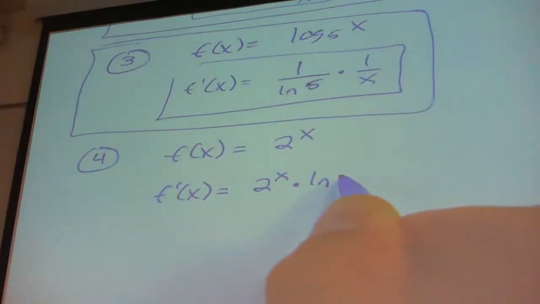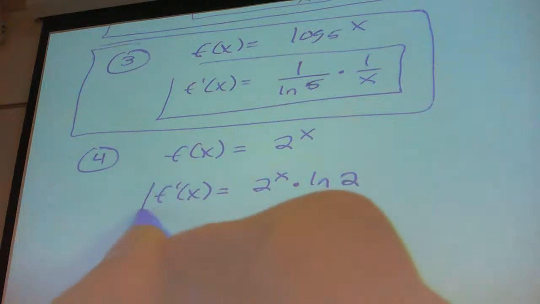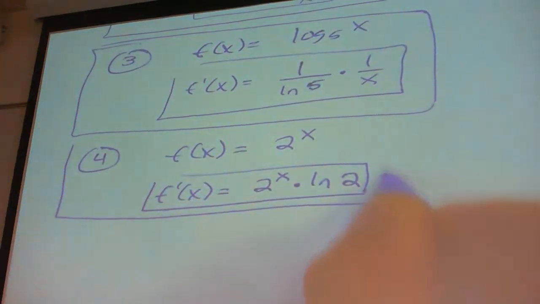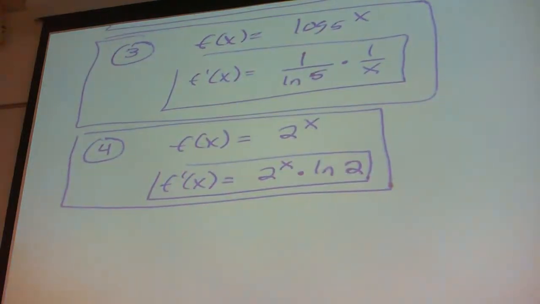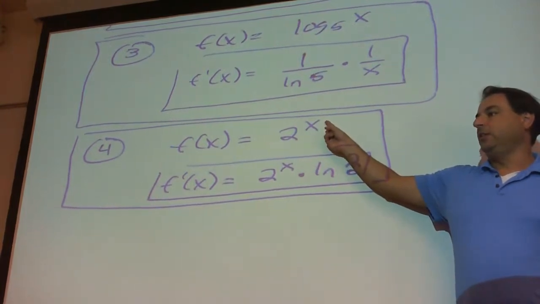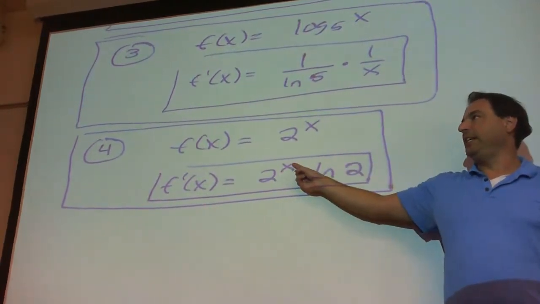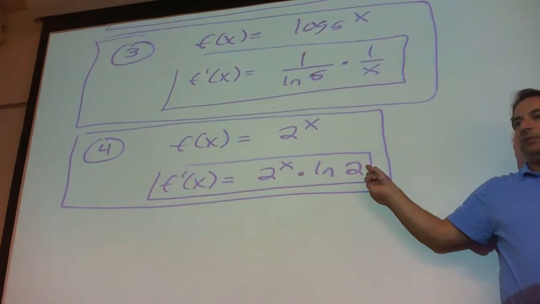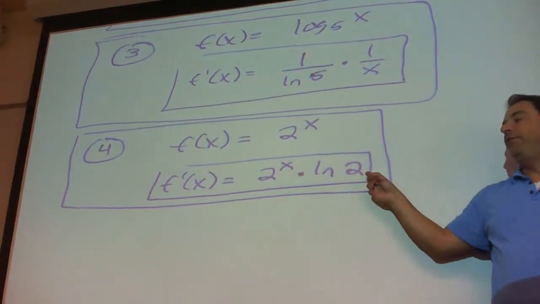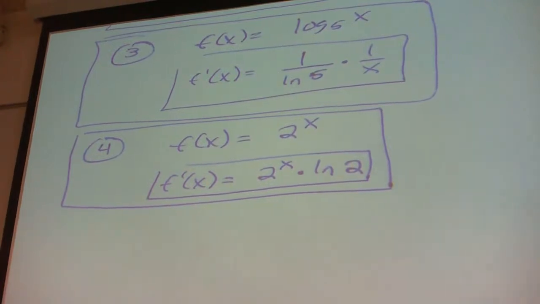What's the base? 2. So if this was f of x equals 3 raised to the x, I would write 3 raised to the x, ln of 3. If it was 4 raised to the x, 4 raised to the x, ln of 4. You see the pattern? And why does it work? The explanation on the previous slide.